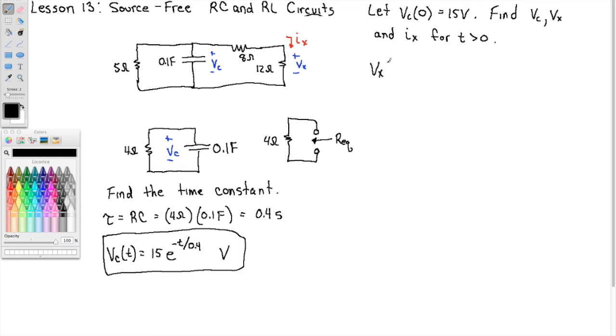Vx of t equals the voltage across the series combination, which is Vc, times the resistor whose voltage we want, 12 ohms, divided by the sum of the two series resistors.